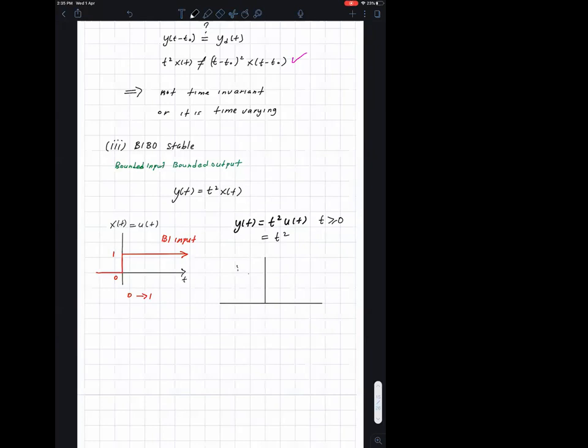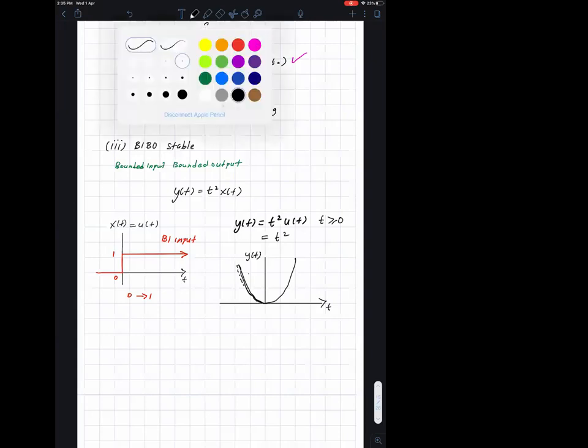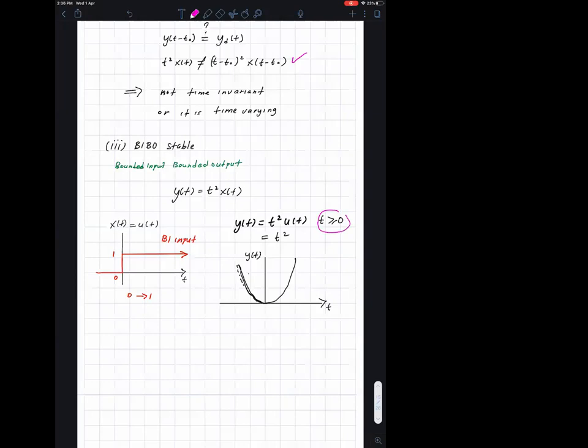This is a parabola. But you must understand it is not defined on the left-hand side. It's only defined on the right-hand side, only on one side. But this is a growing signal. As t increases, it keeps growing.